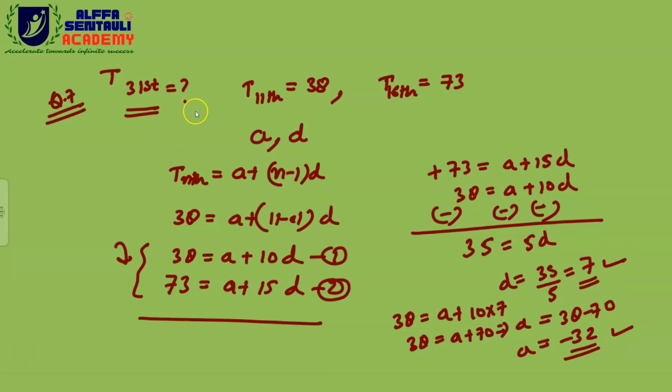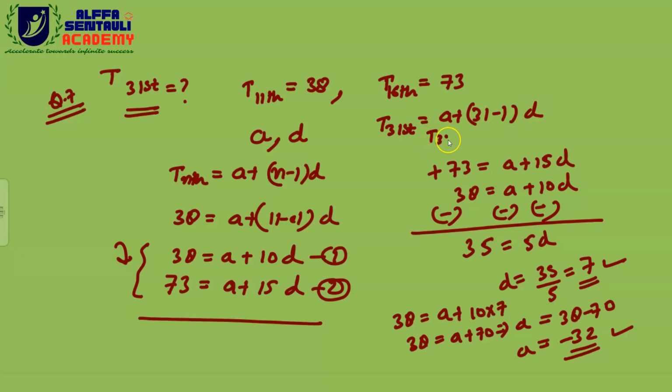Now you can get the value of the 31st term. So if the term is 31st, how will you get it, beta? See, I am writing here, the 31st term will be equal to a plus 31 minus 1 into d.